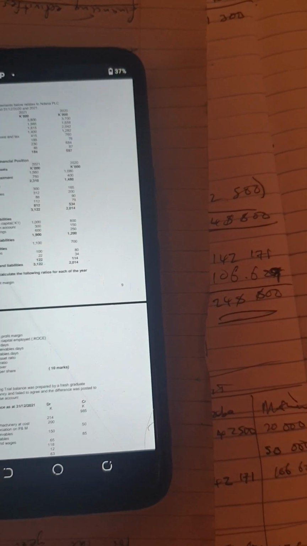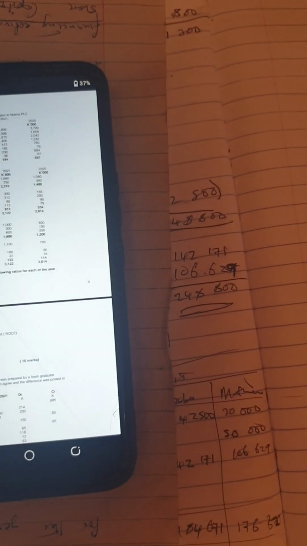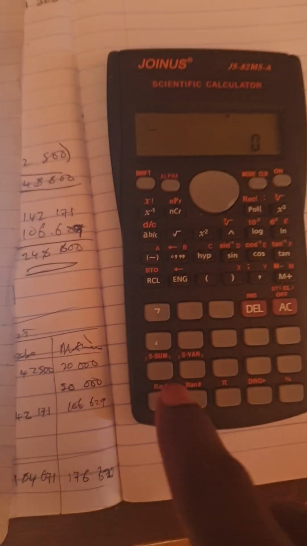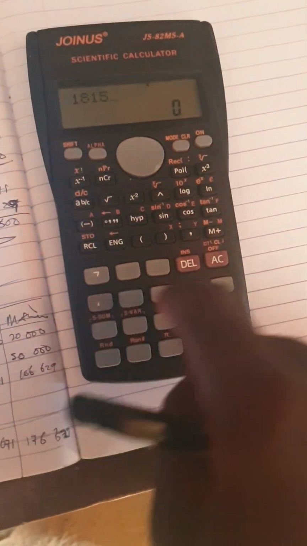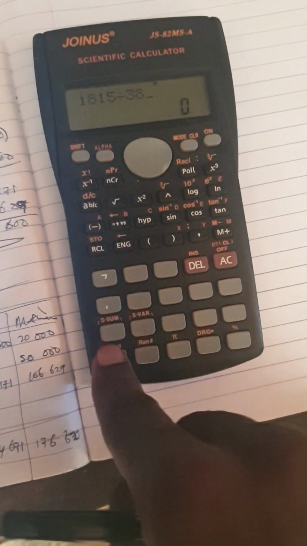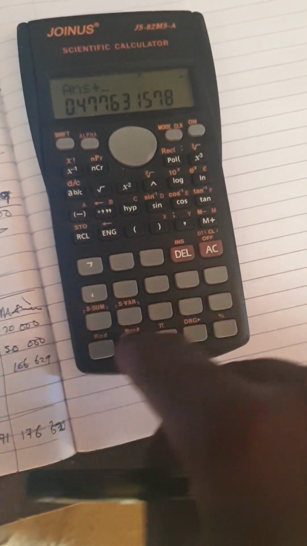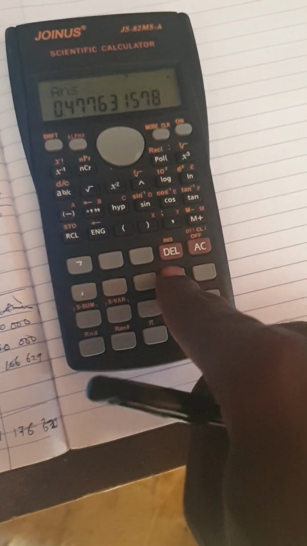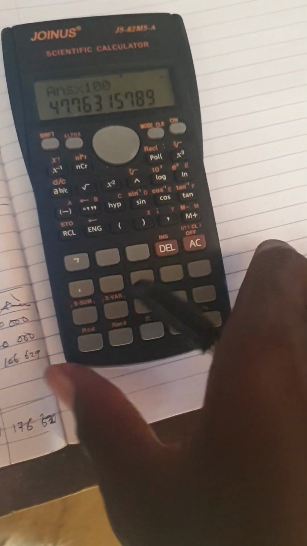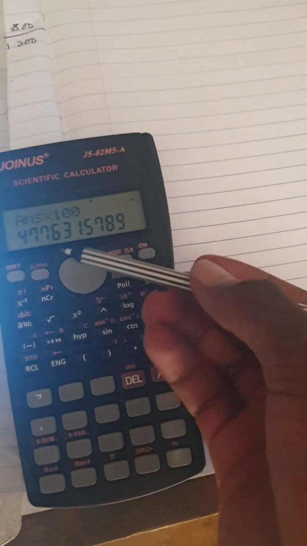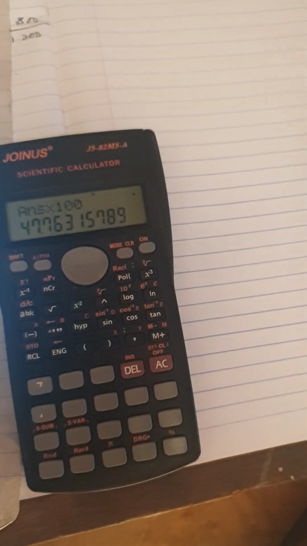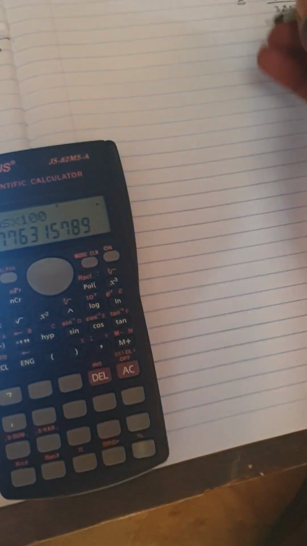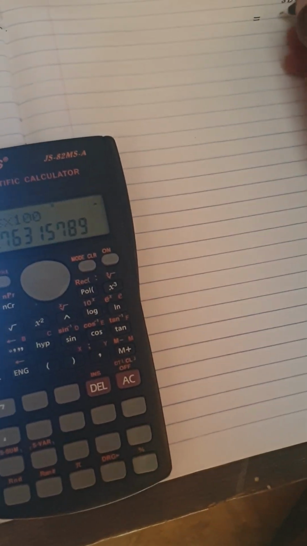So that figure divided by 3,800 times 100%. So we have 1815 divided by 3,800 times 100, which is giving us 47.8. So our gross profit margin is 47.8, or just 48.